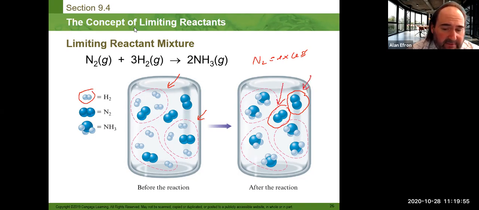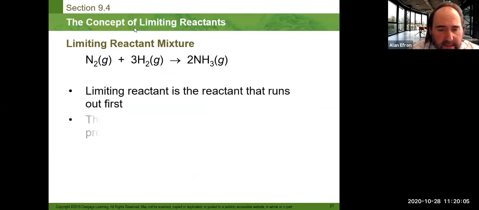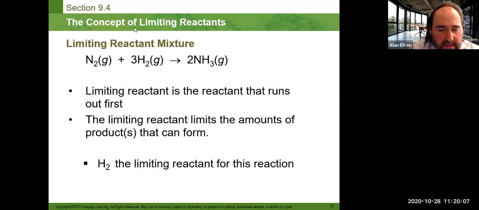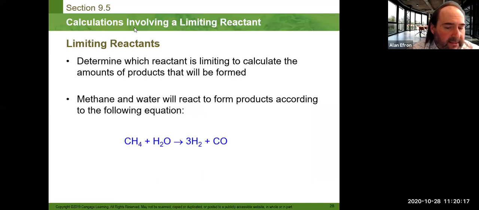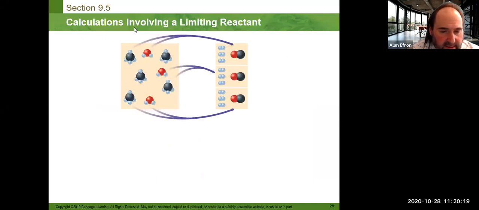We could count, we have 2 of these guys left over when it's all said and done. We obviously have none of the H2 guys still there. So in that particular example, the H2 was the limiting reagent. It gets used up. That's going to prevent us from forming any more product in that particular case.